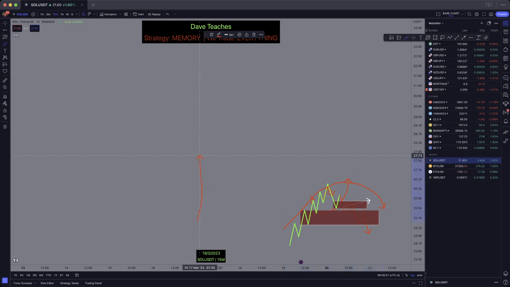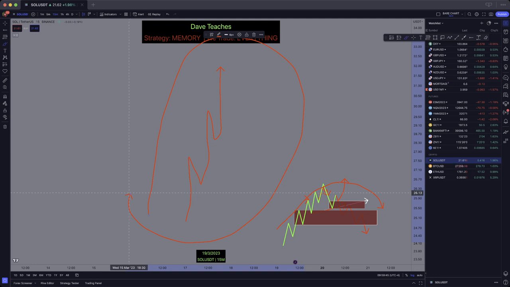That other structure is straight up, down, straight up, down, straight up. That's super bullish order flow, not this slanting we get like that.